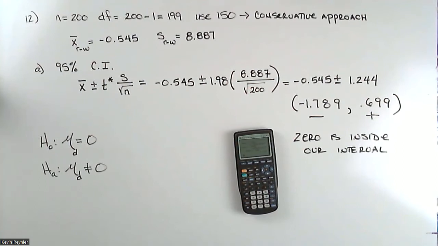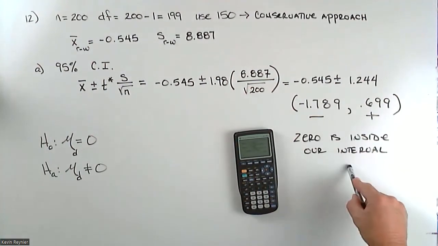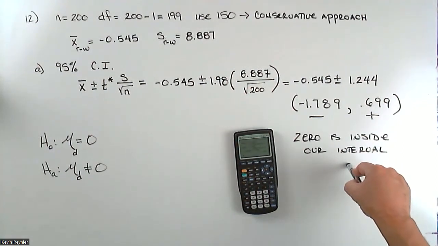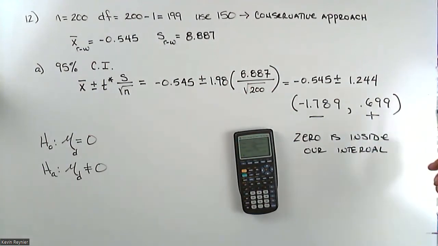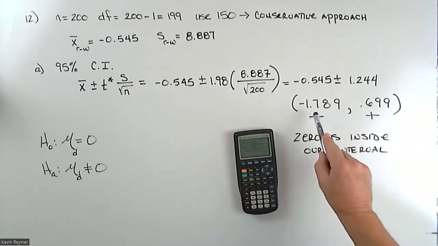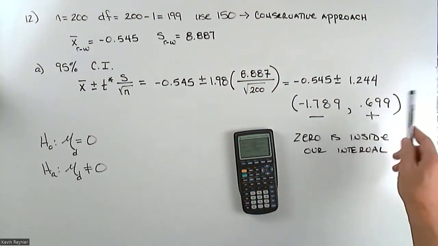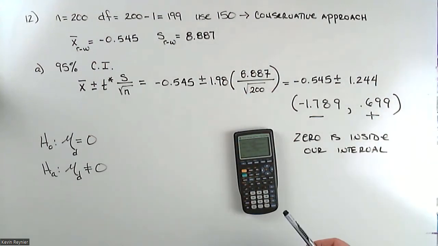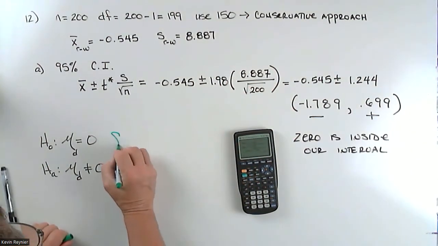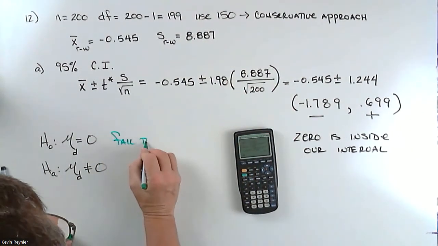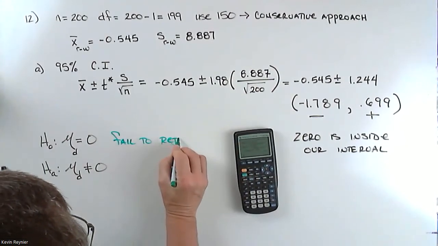Well, because 0 is inside this interval, it's a possible value. Our confidence interval says we're 95% confident the average difference is between here and here. One of those values is 0. So it makes sense then that given this is our null hypothesis, we would fail to reject this.